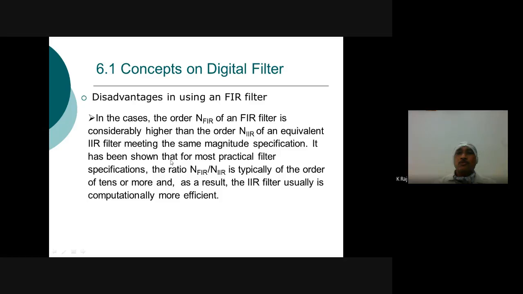It has been shown that for most practical filter specifications, the ratio of N_FIR to N_IIR is typically of the order of tens or more. As a result, the IIR filter usually is computationally more efficient.